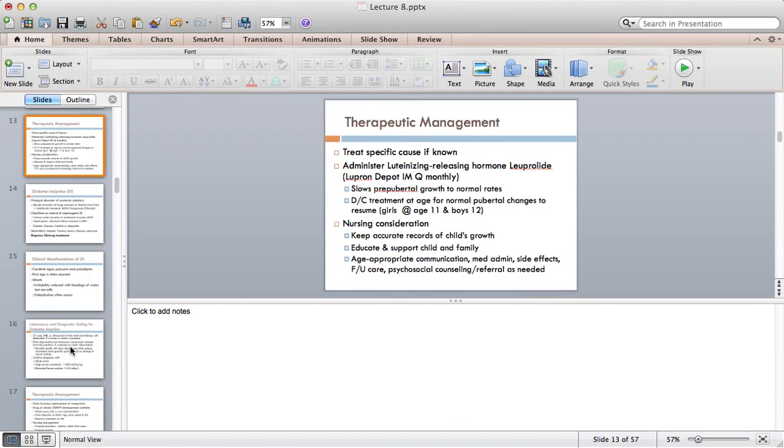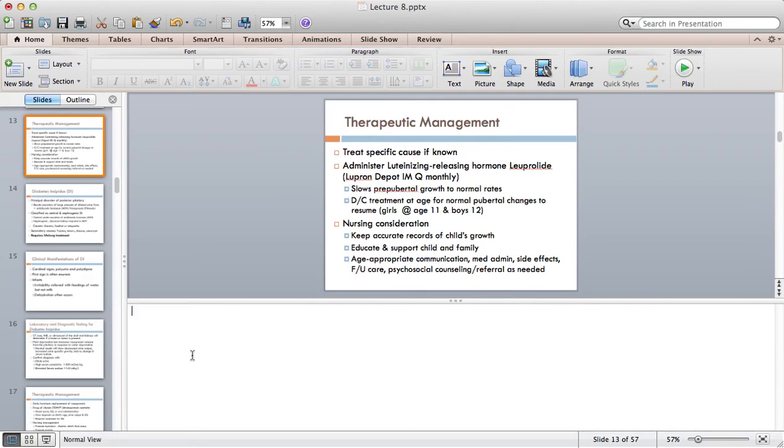We need to also educate the parents about the medication side effects that they need to watch for, depending on how the child or the family responds to the event.